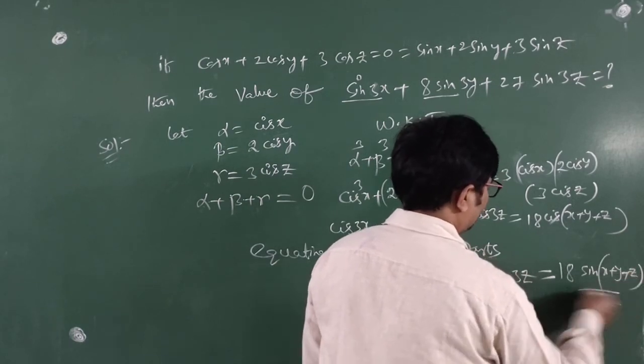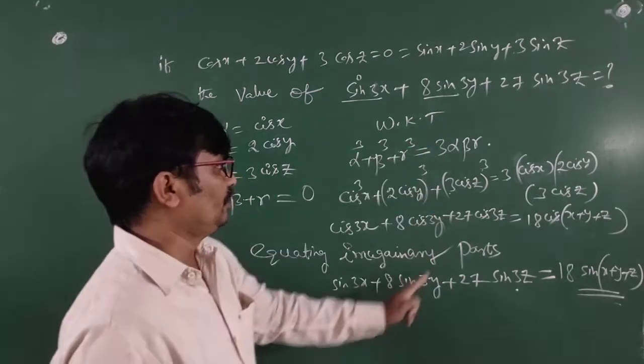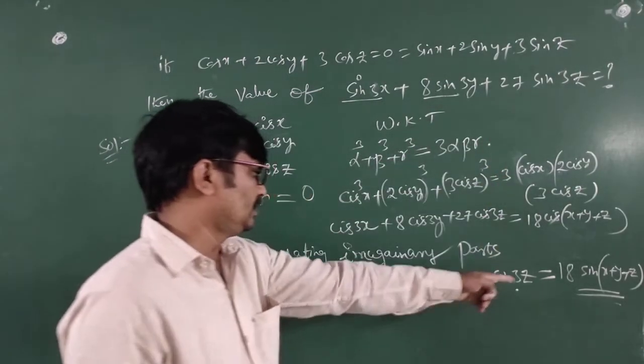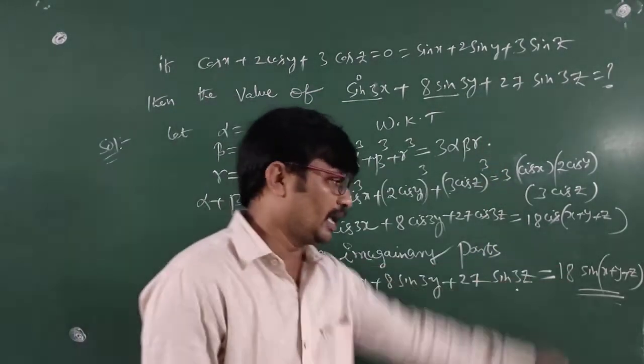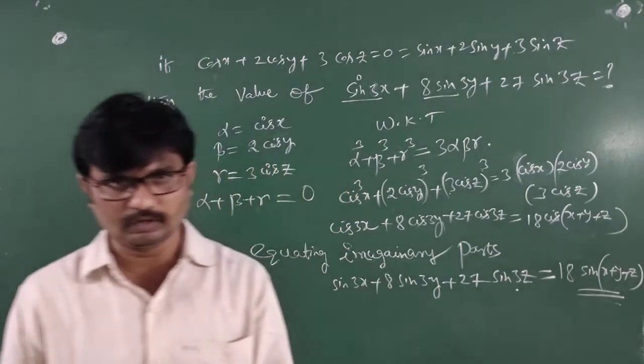This is the solution: sin 3x plus 8 sin 3y plus 27 sin 3z is 18 into sin of (x plus y plus z). Okay students?